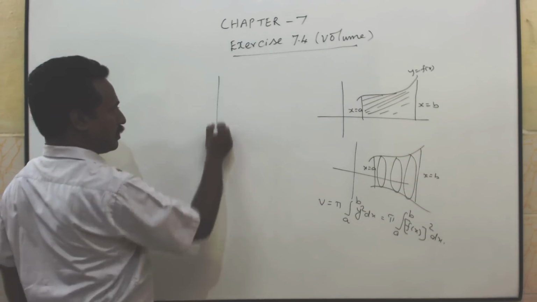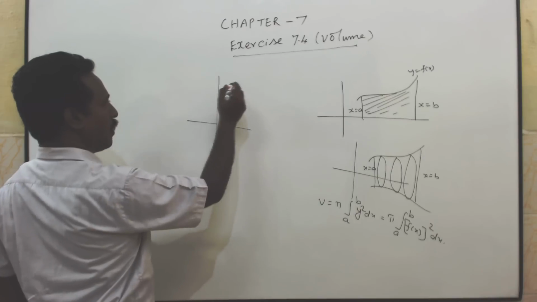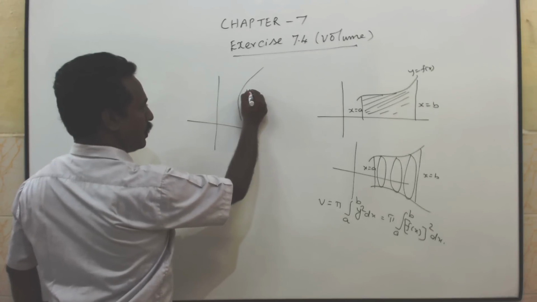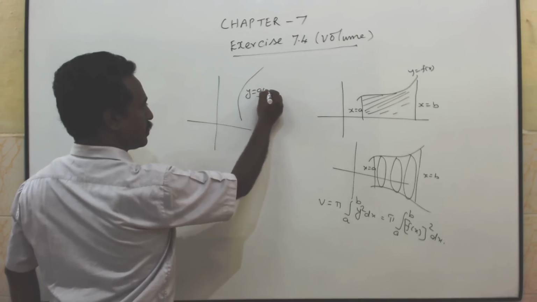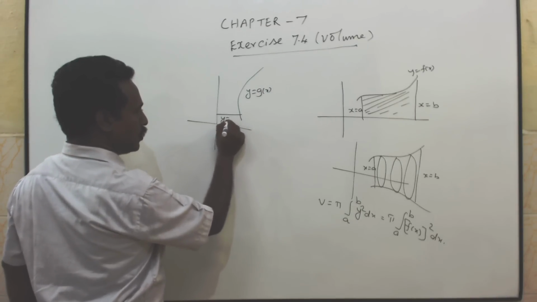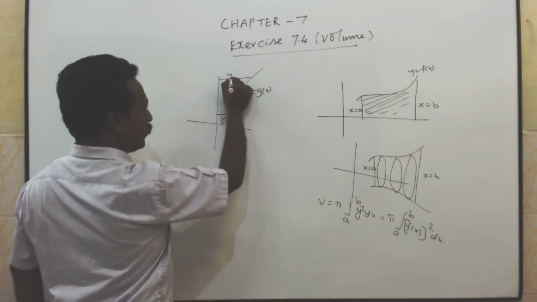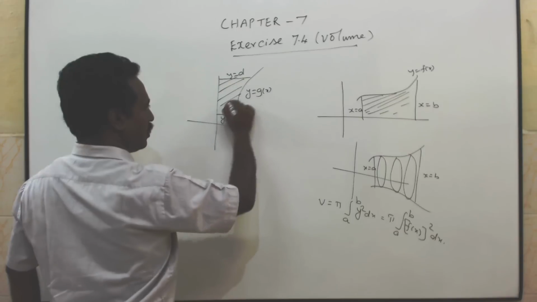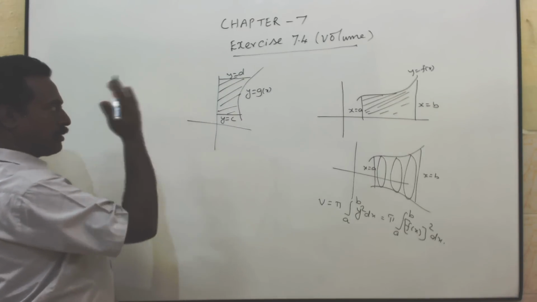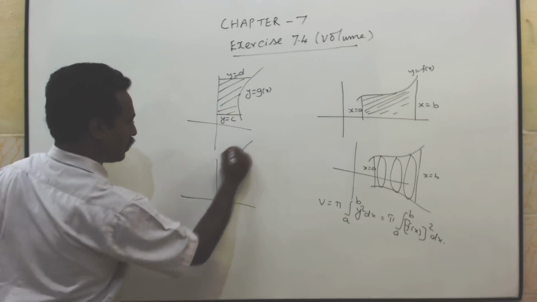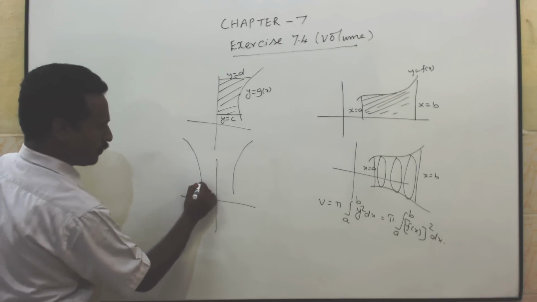Suppose I consider the curve y equal to g of x and the abscissas y equal to c and y equal to d. If you rotate about the y-axis, you will get a solid like that.